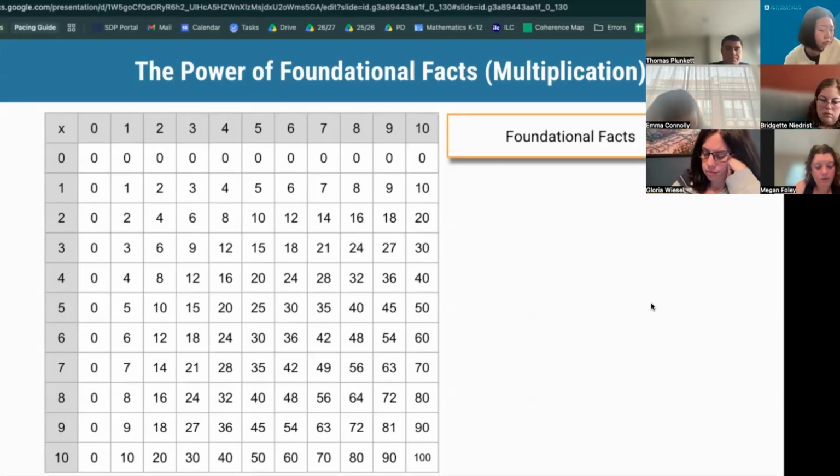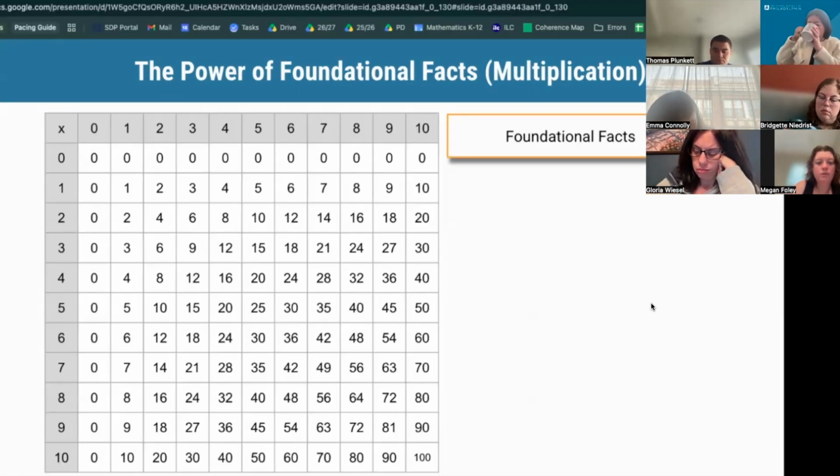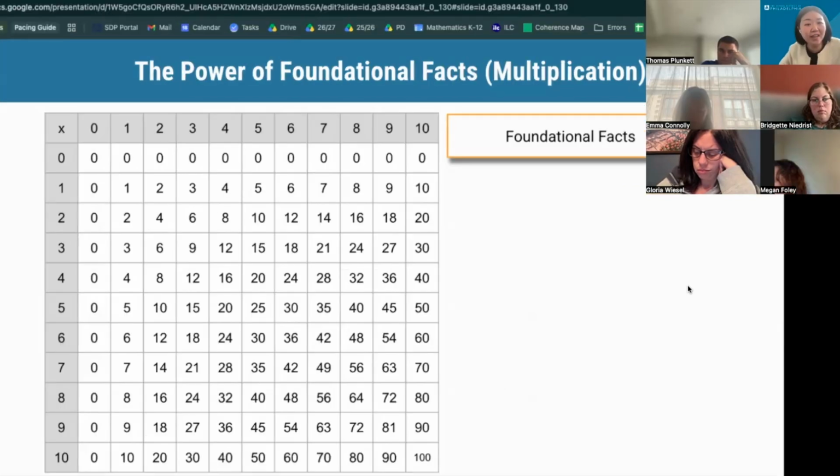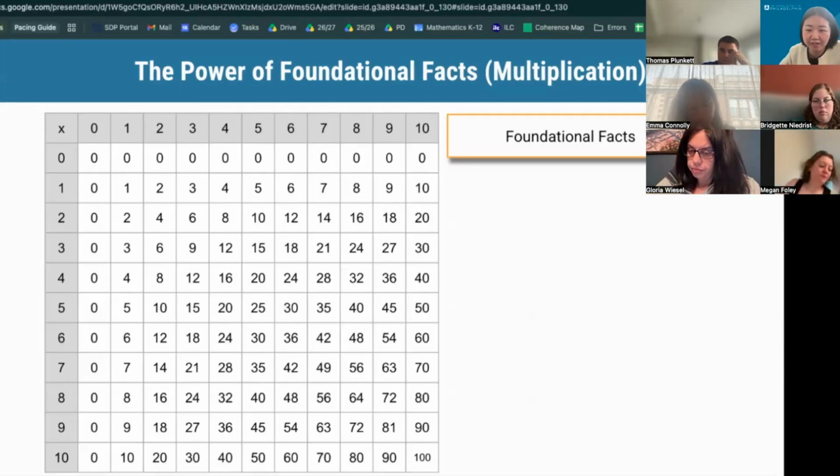Which of these facts usually come a little bit easier for our students? Okay, go ahead and press enter into the chat. In your experience, what usually is a little bit easier for our students?